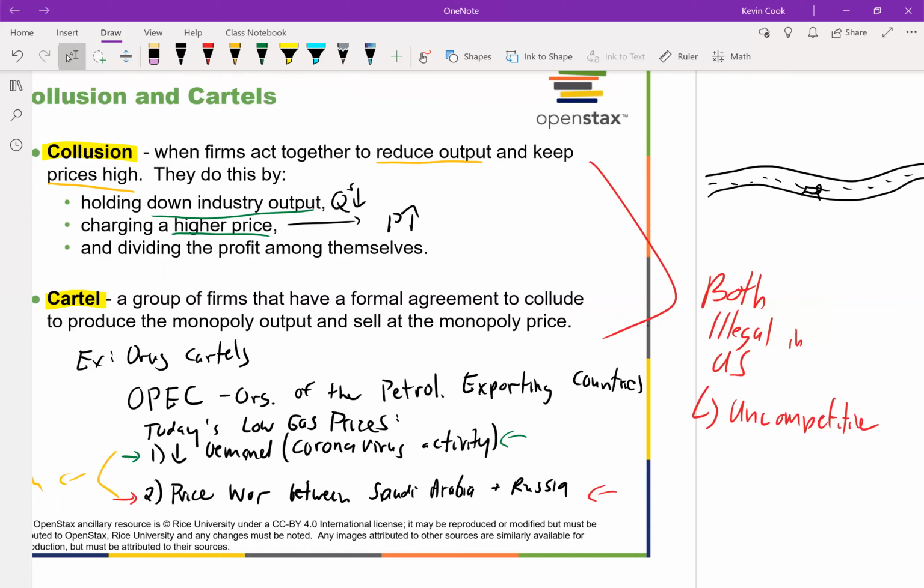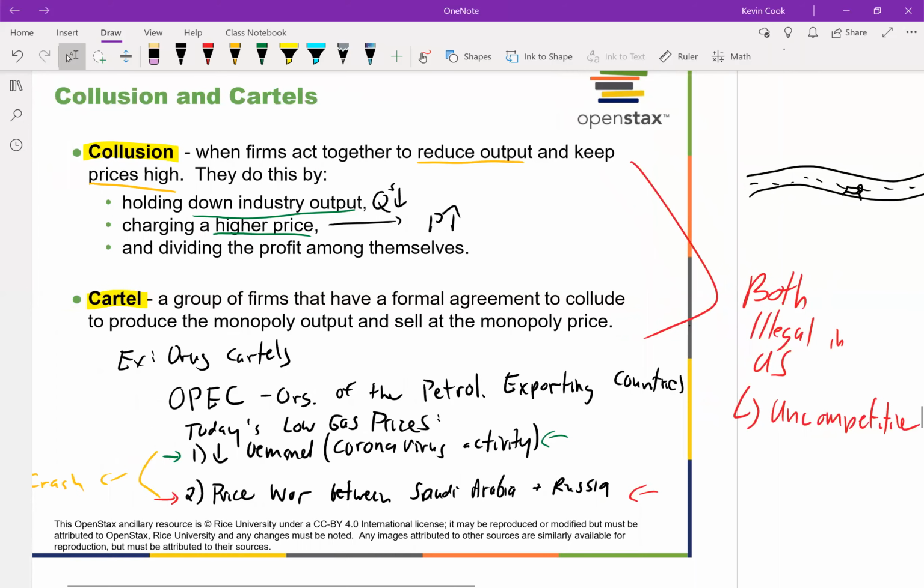And the problem with governments is they're sovereign, so unless you want to go to war, you can't really tell another government, hey, don't join a cartel, because they're free to do that, and it's just hard to do that. So collusion in general, or excuse me, collusion is illegal in most places.